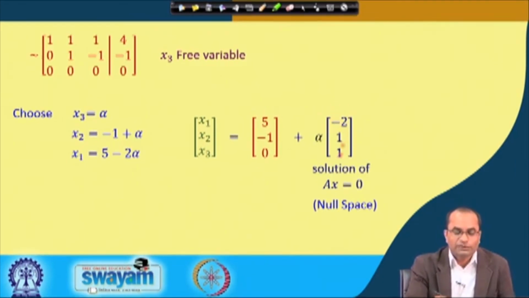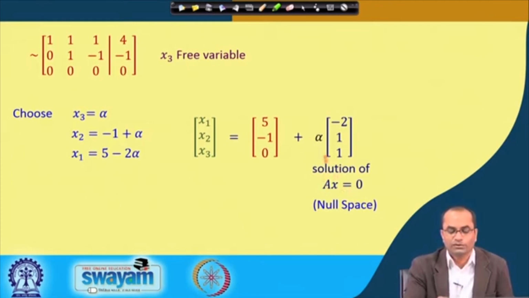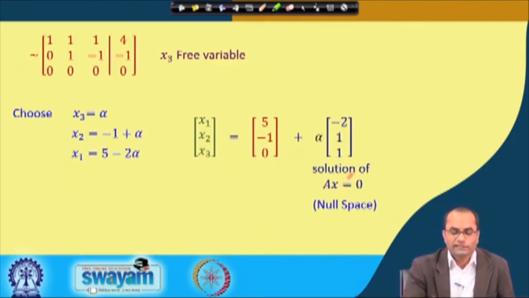And this part here, minus 2, 1, 1, exactly satisfies Ax equal to 0, and if it satisfies Ax equal to 0, alpha times this also satisfies Ax equal to 0, because this alpha is just a constant. If x satisfies Ax equal to 0, A into alpha x will also satisfy Ax equal to 0.